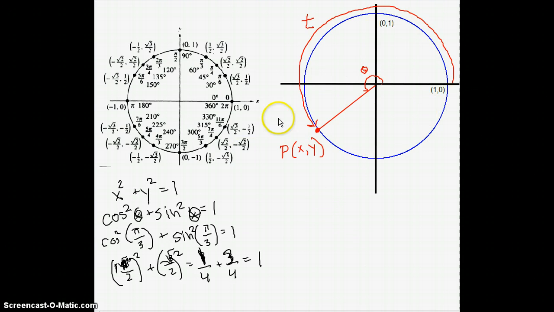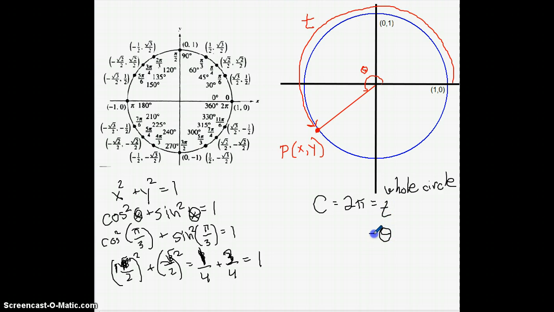What is going to be the value of t? Well, it's going to be the circumference. The circumference of a unit circle is what? It's 2 pi. So for the whole circle, t is going to equal 2 pi.